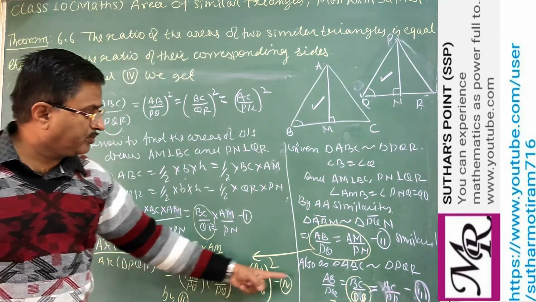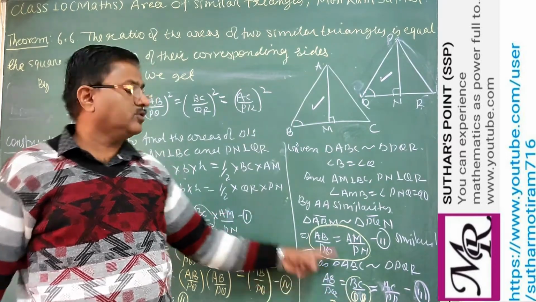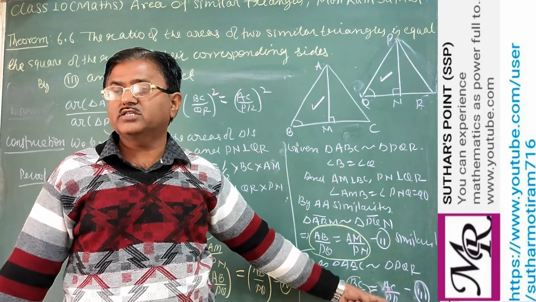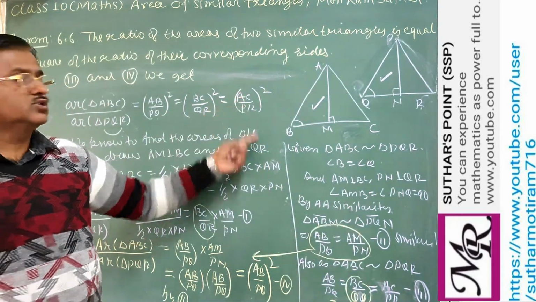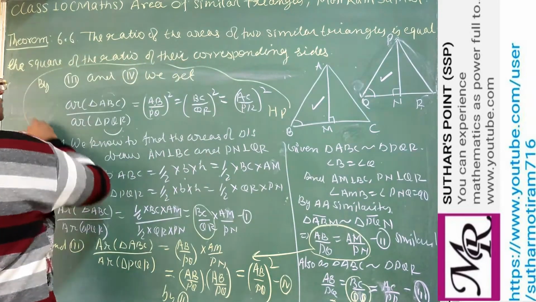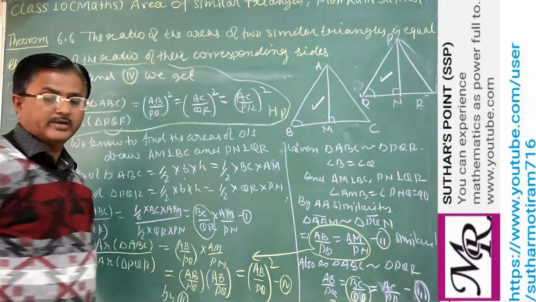But AB upon PQ can be written as BC upon QR, and it can equal AC upon PR, so hence proved. At last, this we have to write.